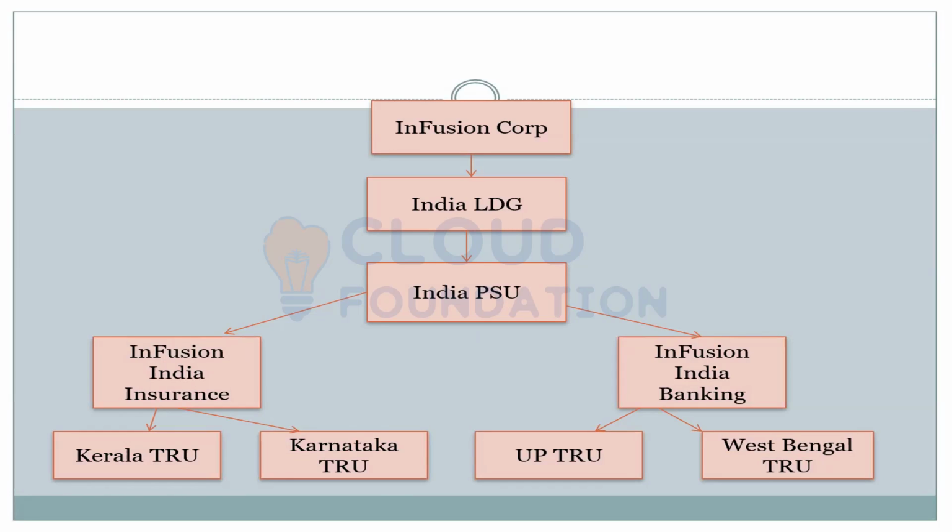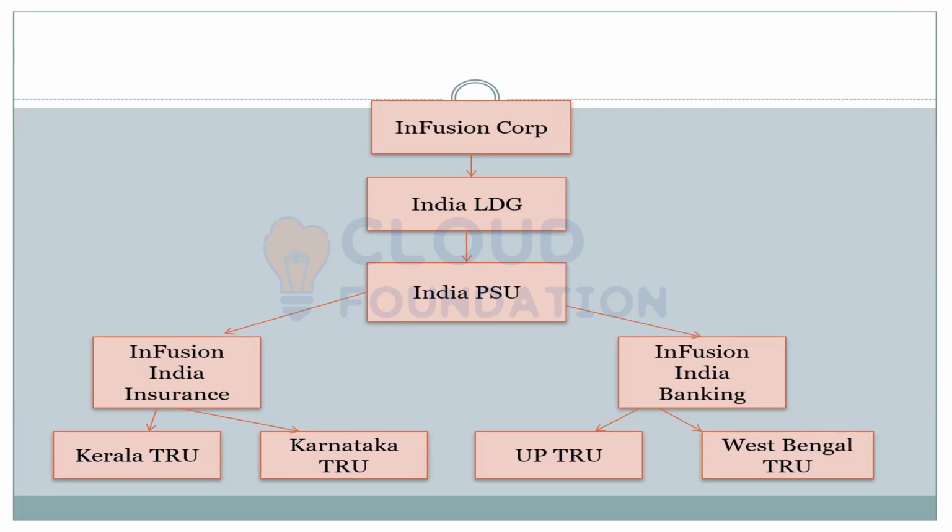Third, we have India PSU, payroll statutory unit. The payroll statutory unit has two things: India Insurance and India Banking. Under India Insurance we have Kerala and Karnataka. Under India Banking we have UP TRU and West Bengal TRU, that is the tax reporting unit of UP and West Bengal.